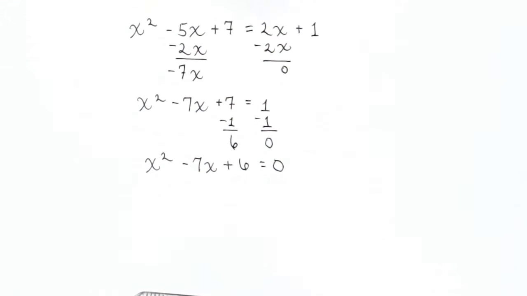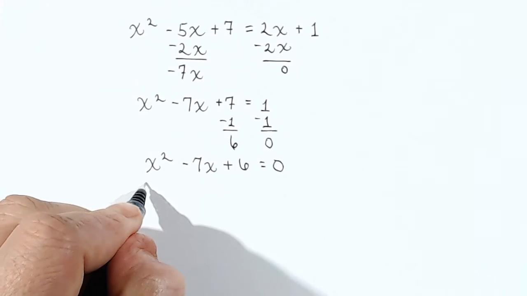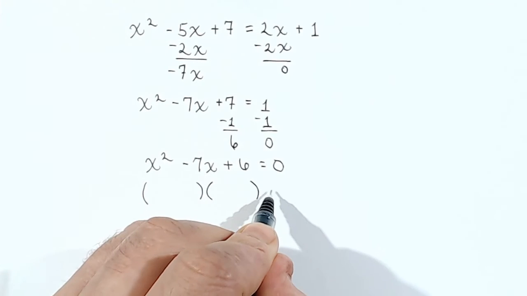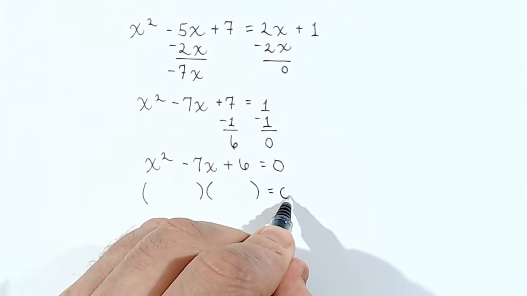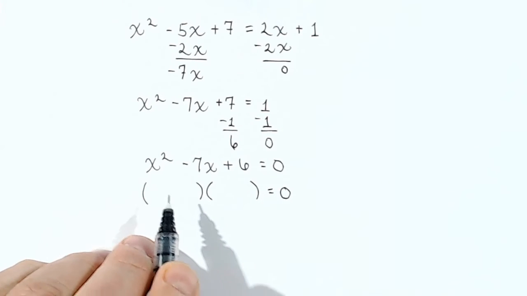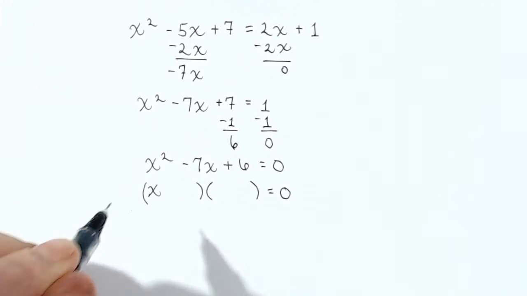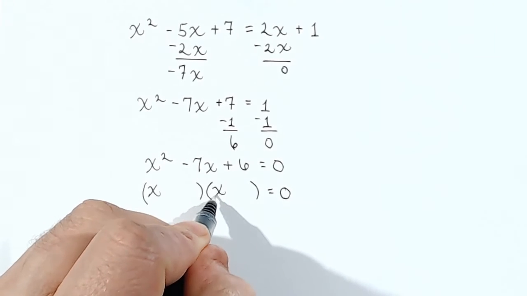Now from here, to solve the quadratic equation, you could plug this into the quadratic formula, or, and much simpler in this case, would be to factor this equation. So the way that you factor a quadratic is you set up this little template. We have no leading coefficient for the x, so we know that the first term in these factors is going to be x.